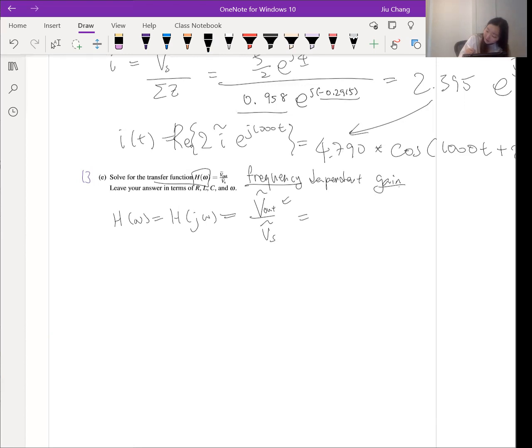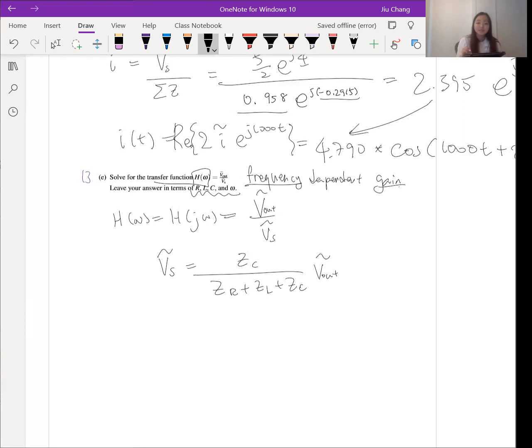So we will just use our symbols, and from part B, we noticed that it was a voltage divider. So we know that this kind of relation is satisfied.